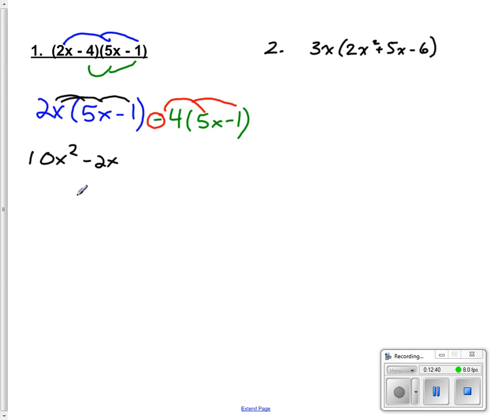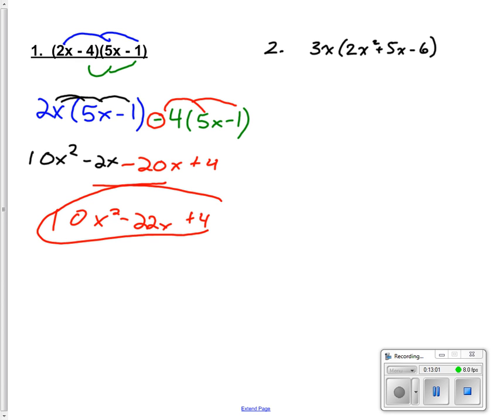So you have to distribute as a negative 4. So you have minus 20x, and we end up with a plus 4 here. Now I'm going to combine the middle, and I get 10x squared, minus 22x, plus 4. And that's what we're looking for on this problem.